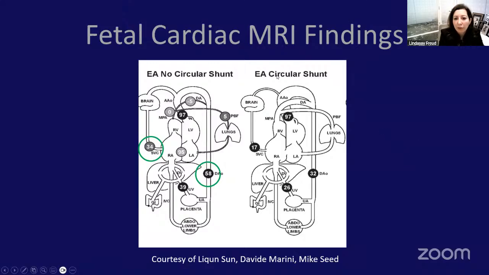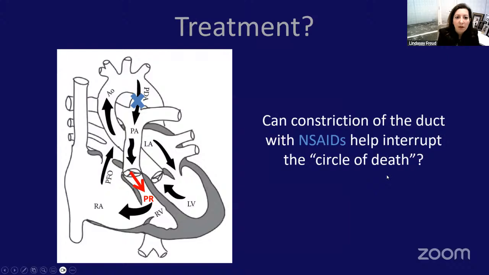Now, when you look on the right hand and you look at what happens in a fetus with circular shunting, you can see that you essentially have reduced the cardiac output by essentially 50% to both the brain and the body. So all of this is consistent findings and speaks really to the gravity of what this finding looks like, specifically when you start to see that your umbilical and middle cerebral arterial Dopplers are abnormal.